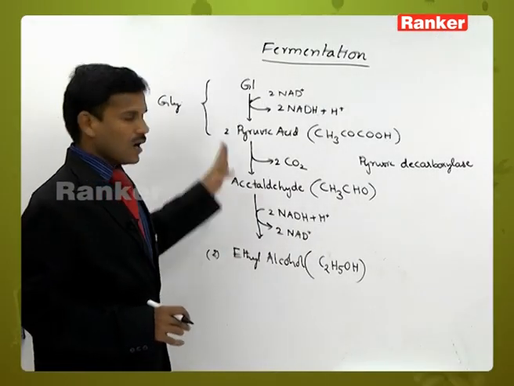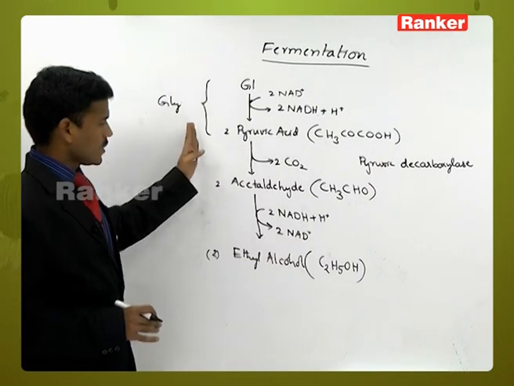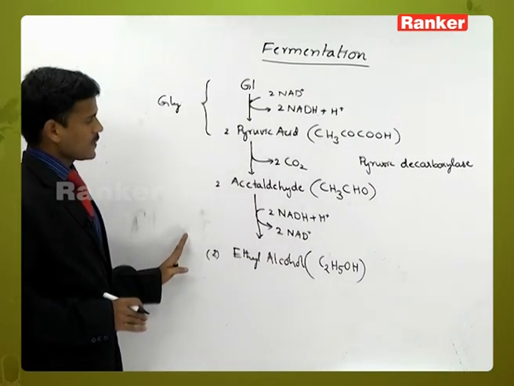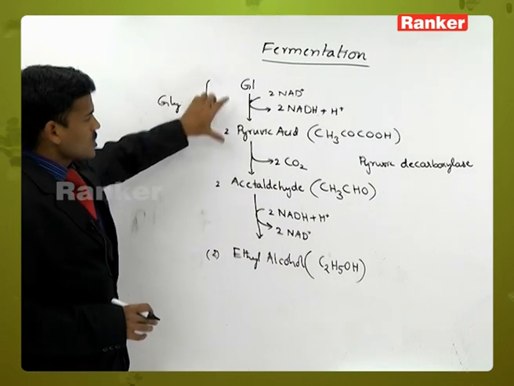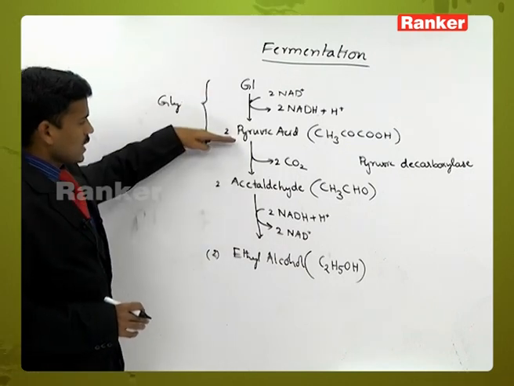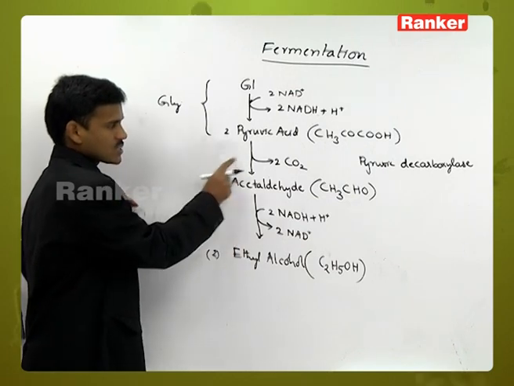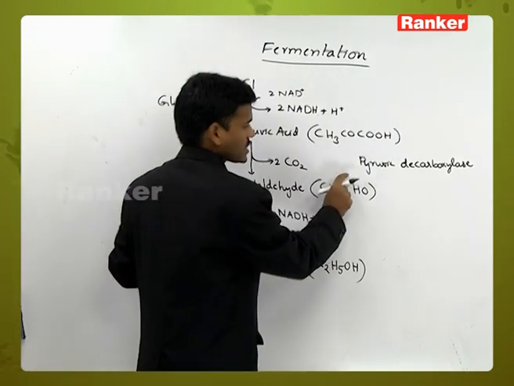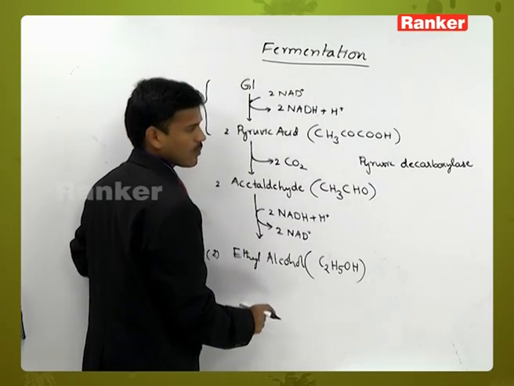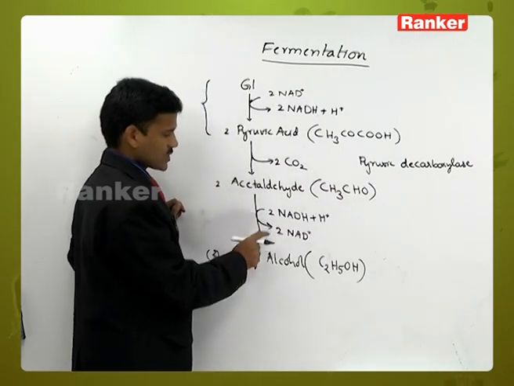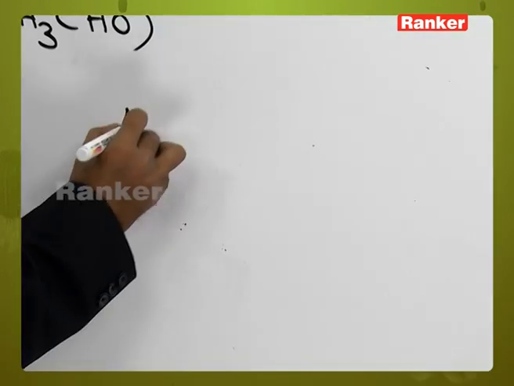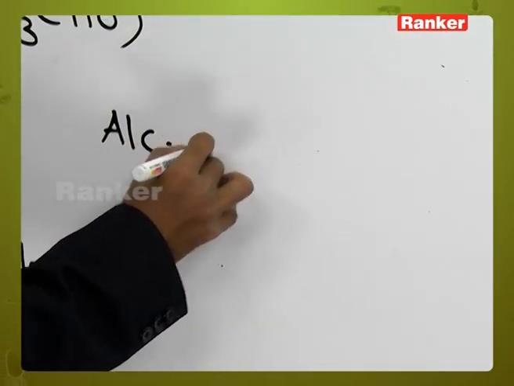So it is alcoholic fermentation. After glycolysis, the fermentation is completed in 2 steps or 2 reactions. 2 enzymes are there. The first reaction is catalyzed by pyruvic decarboxylase, and the second reaction is by alcoholic dehydrogenase.